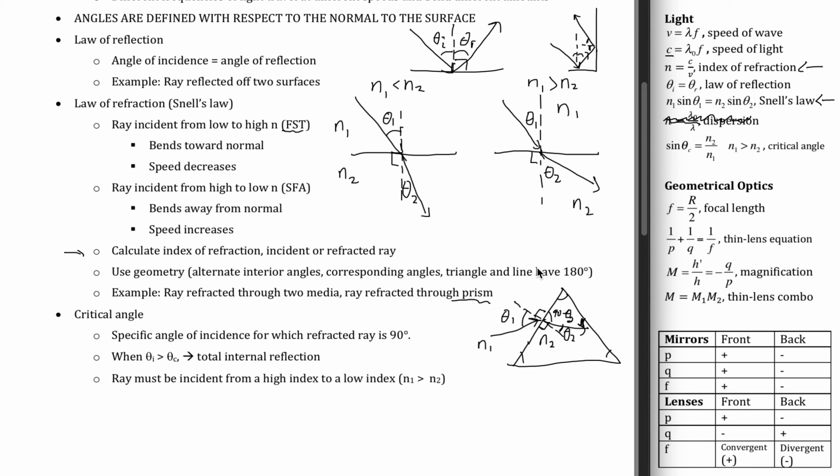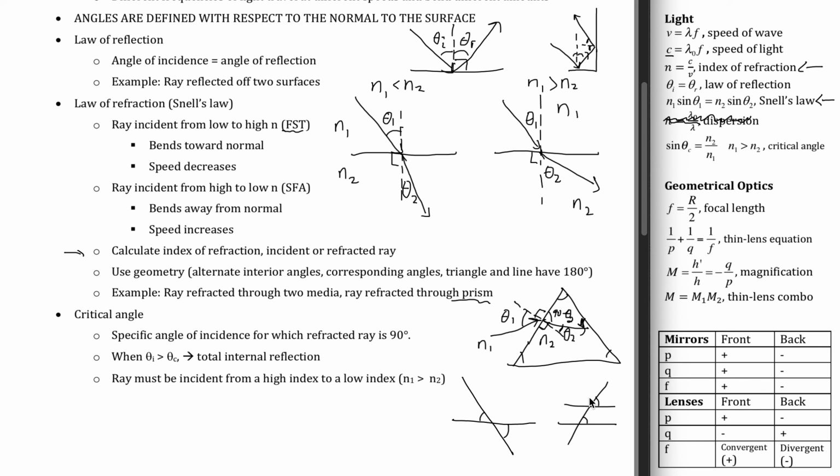And then the other thing that you should know is if you have those corresponding and alternate interior angles, so let's say you have a line going like this, you should know that these two angles are the same. And then if you have two parallel lines and a line cutting through them, then you should know that these angles here are the same.